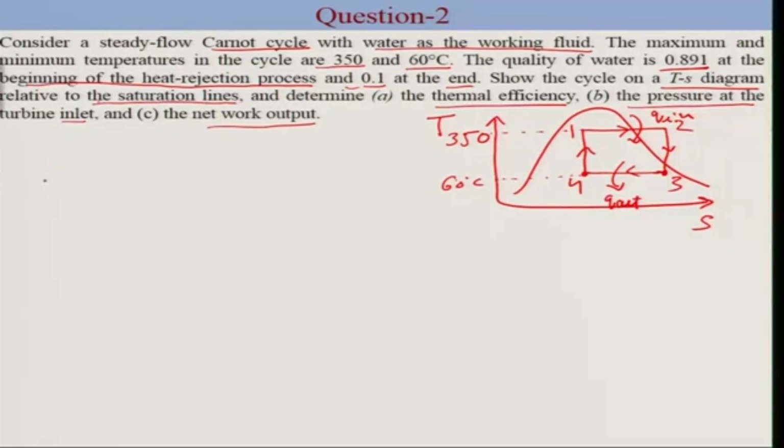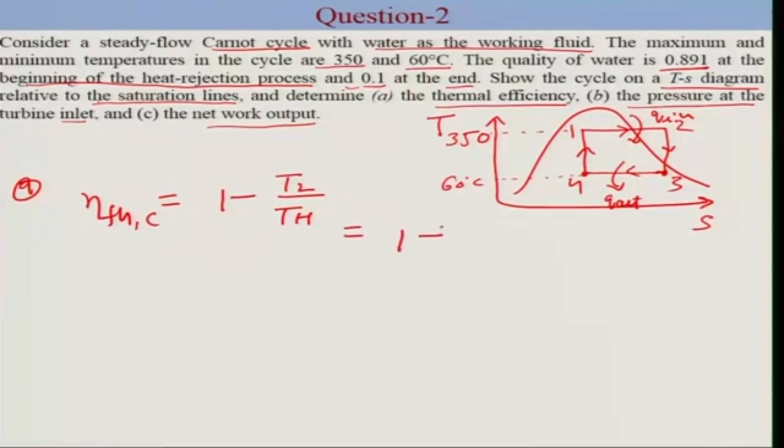So, what is thermal efficiency? Thermal efficiency of the Carnot cycle is 1 minus TL upon TH. Okay.